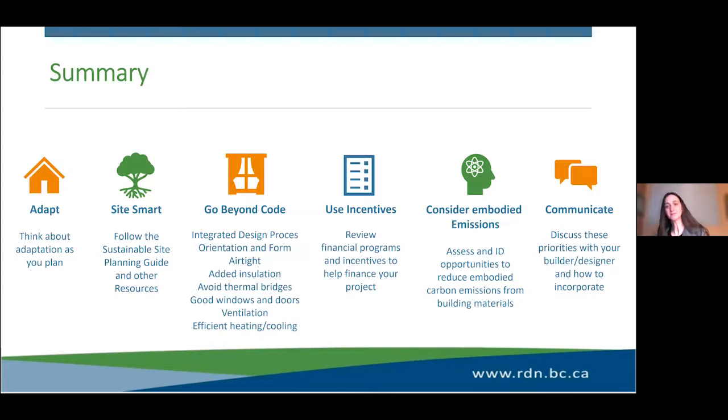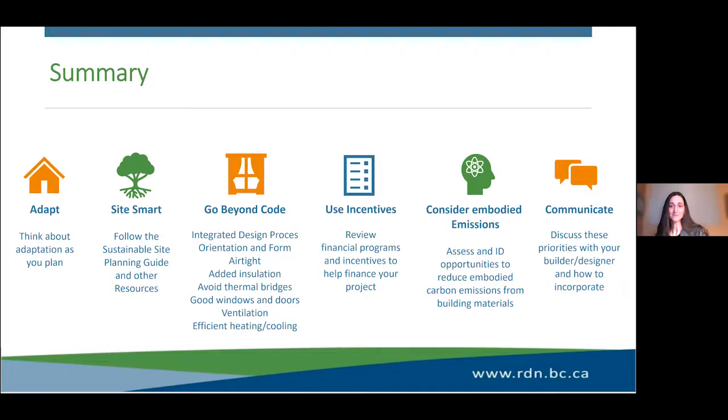When you're actually building, going beyond the code and following the principles of high performance building, using that good orientation and starting with a good envelope first approach will have a direct application for the climate resilience of your home. Using that integrated design process and making those requests for things like the mid-construction blower door test and investing in good design for your heating, cooling, and ventilation will pay off over the long term.